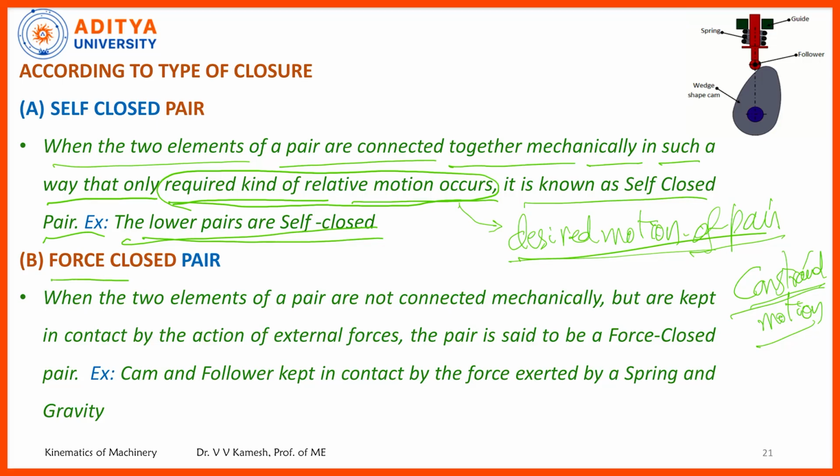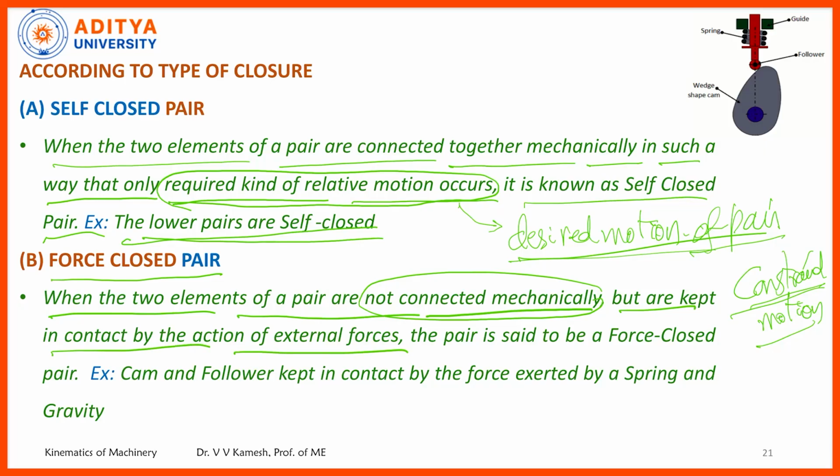Now, you have the second variety, that is force-closed. When the two elements of a pair are not connected mechanically, identify this one carefully, but are kept in contact by the action of external forces, the pair is said to be a force-closed pair, right? So, cam and follower are kept in contact by the force exerted by the spring and gravity. You can look at the right side.